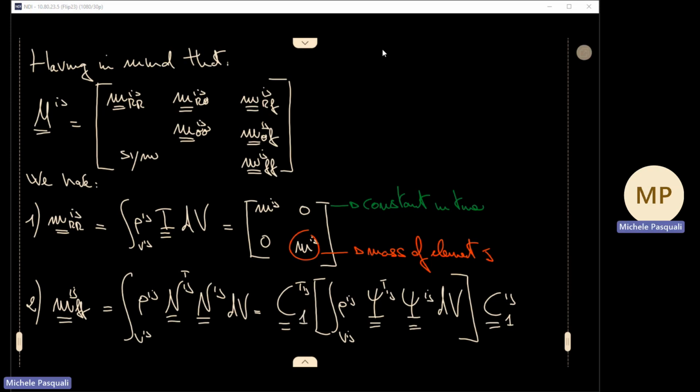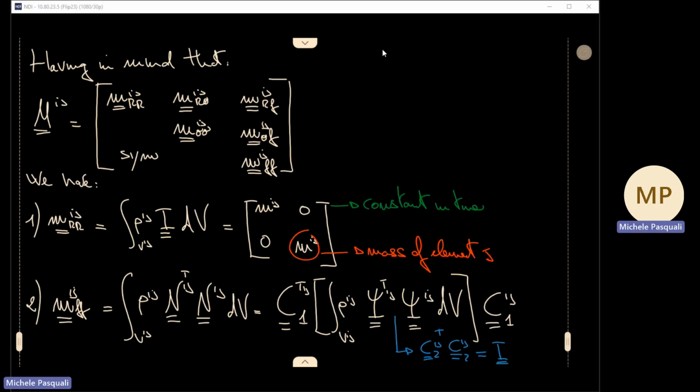Okay, where here, for the sake of clarity, in the middle, we should have had something of the sort of C2 ij transposed applied over C2 ij, okay? But I didn't put it inside because this is exactly the identity matrix.